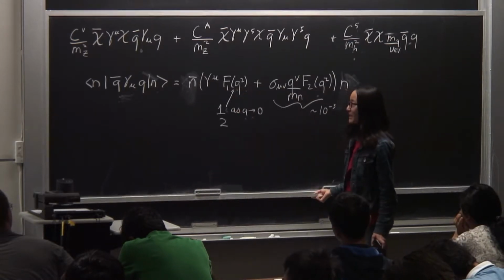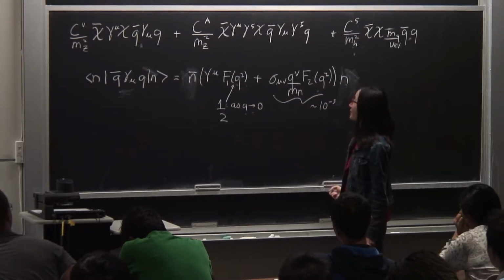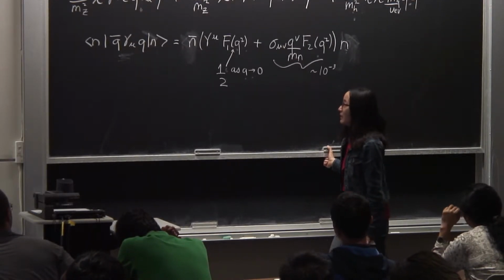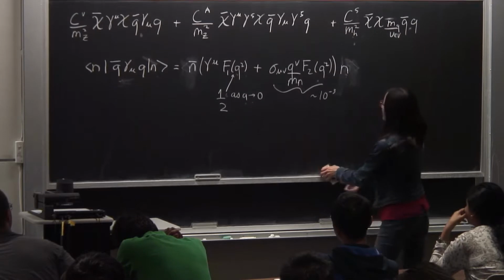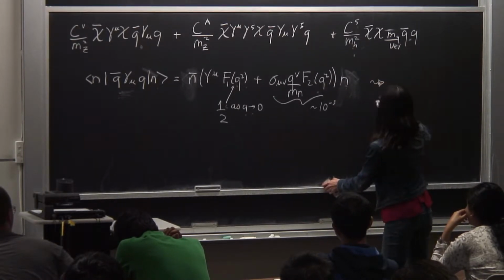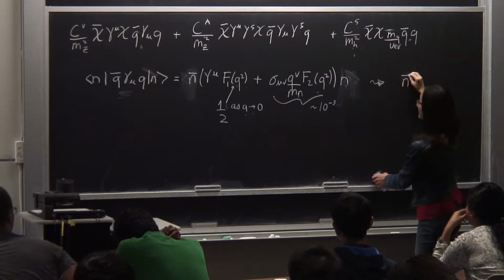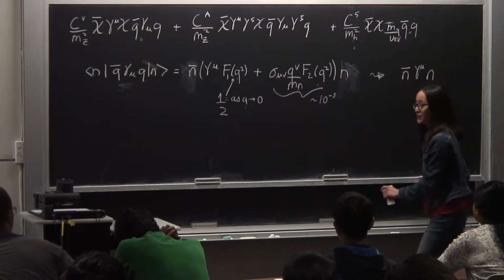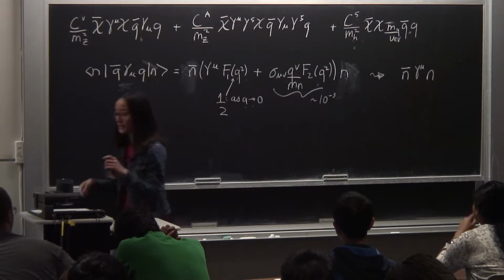Okay. The other cases are a little harder to interpret sometimes. So this is to argue that we can drop a lot of things, and the approximation made is that this just becomes n bar gamma mu n, again up to the fact that I should sum over the appropriate quarks.